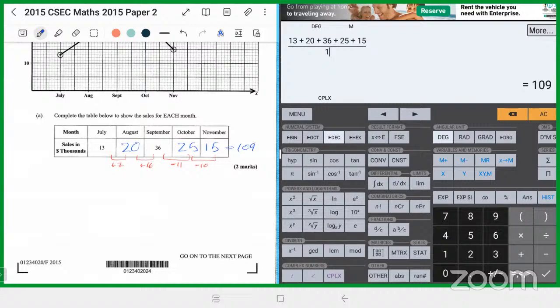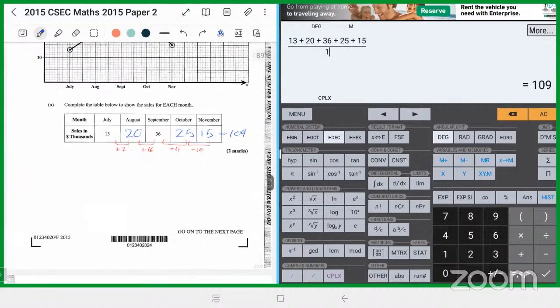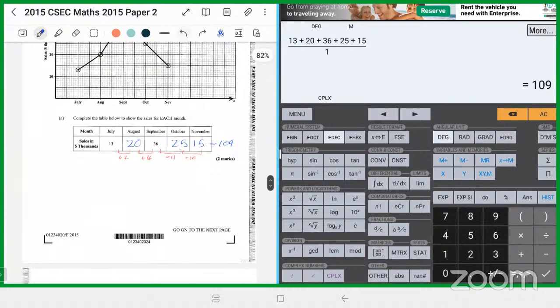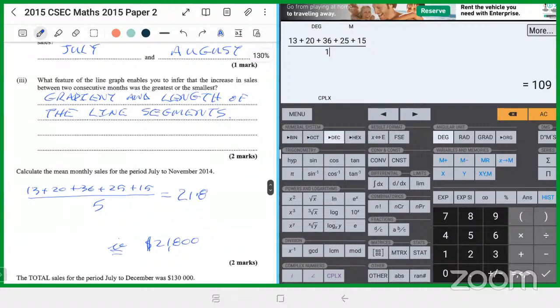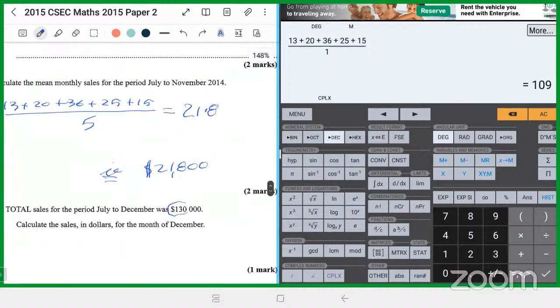So how much did they add now to get the December figure? If the total up to December is 130, but up to November is 109, then the difference is how much they sold in December. So the total up to November is 109, and this down here is actually 130,000.